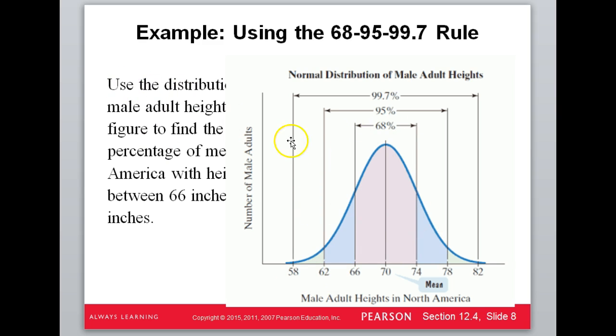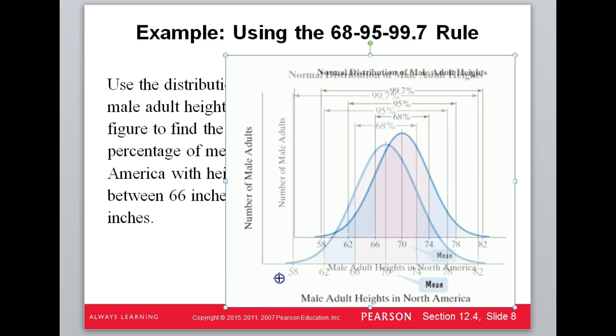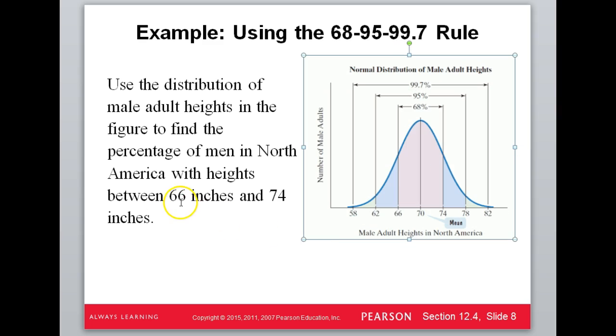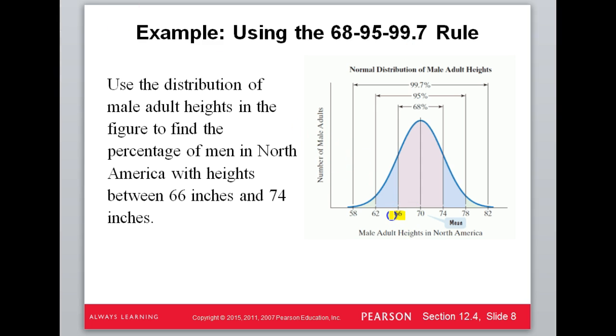So this says use the distribution to find the percentage of men in North America with heights between 66 and 74 inches. Notice right here is 66 and there's 74. That's 1 standard deviation down and 1 standard deviation up. So about 68% falls in between those two.